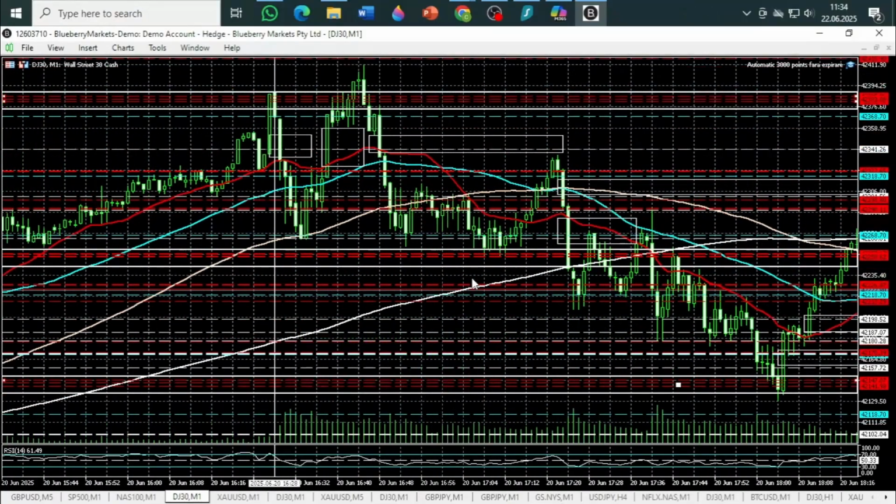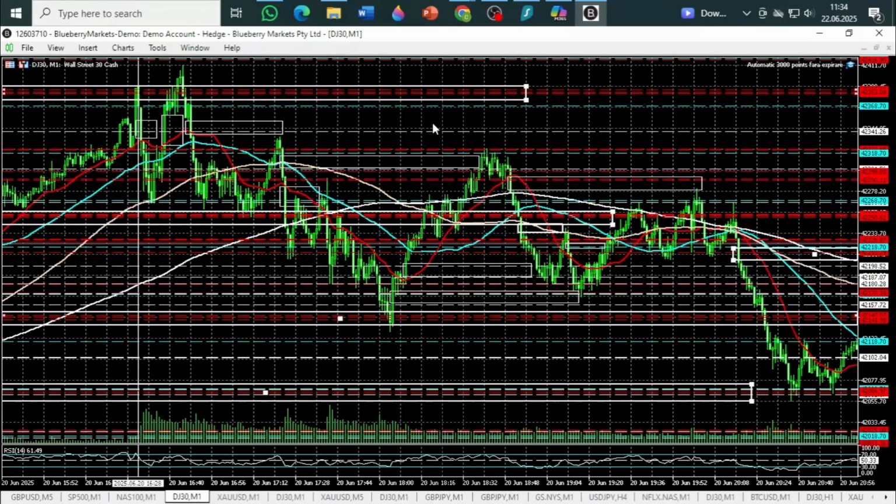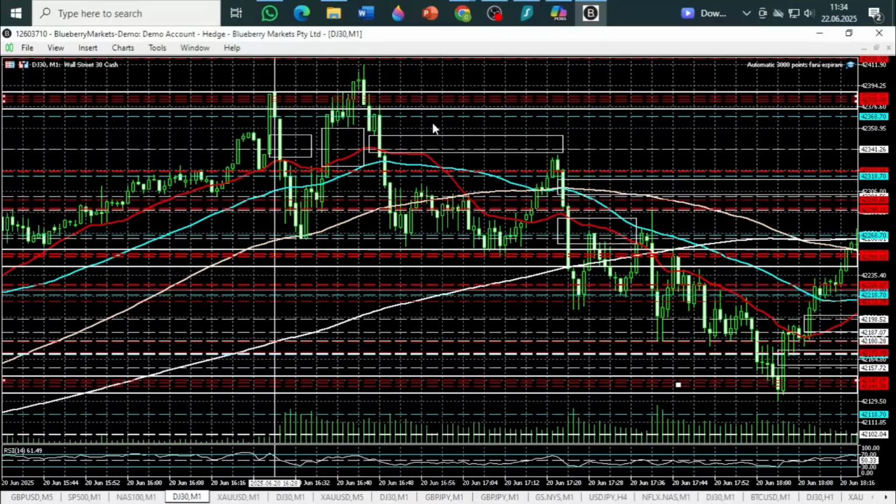And this chart is suitable for fair value gap. It tells us some clue about the direction of the trend.